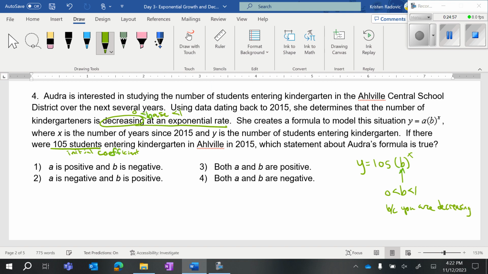So first of all, my a is positive because 105 is positive. So we can cross out choice 2, and we can cross out choice 4, because you want a to be positive. Now, your base is between 0 and 1. That means b is positive, because you have to be greater than 0. So even though you're less than 1, b is still positive.